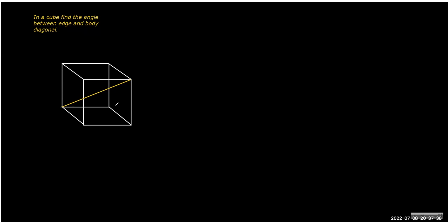So I can choose these as x, y, z. Then if this angle is theta, this is also theta. It doesn't look so, but don't worry, because it's a distorted view. All angles are the same for the obvious reason, because it's a symmetric diagram.